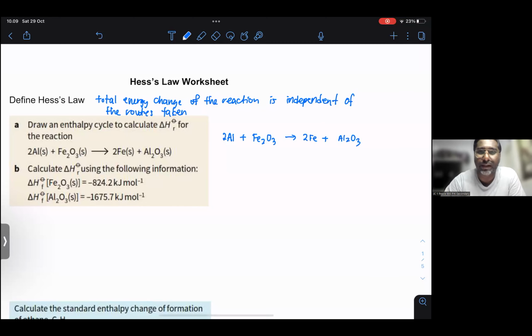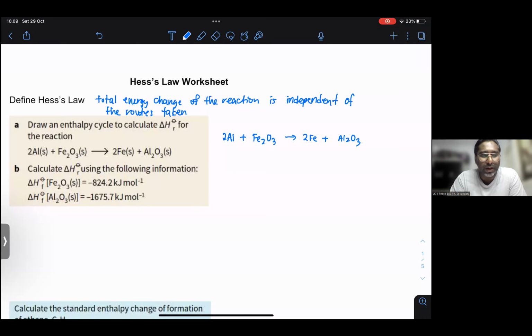Of course, you need to write the states and so on, but for this I'm just keeping the states over here. Now, this is going to be your enthalpy change of reaction.